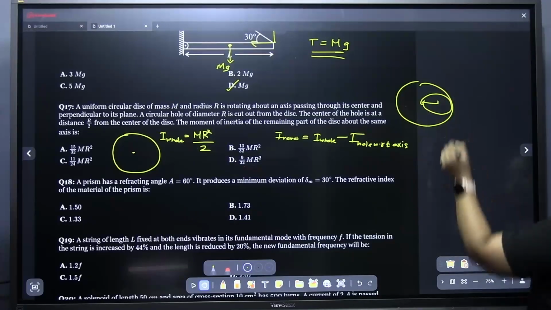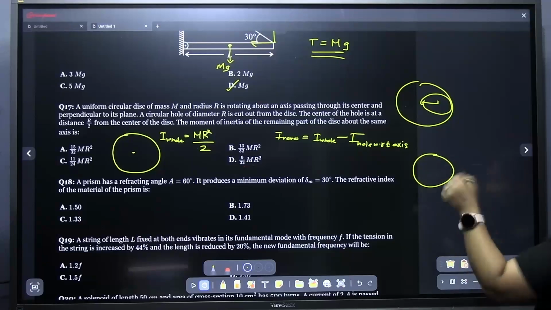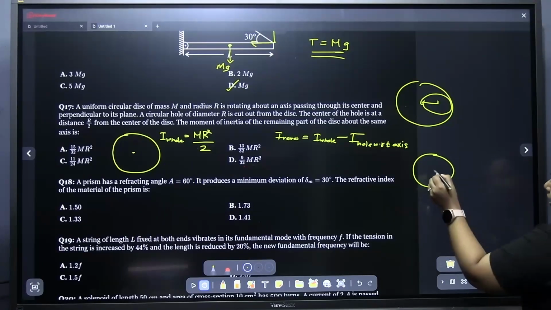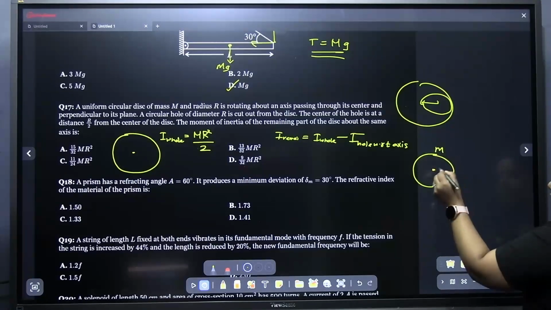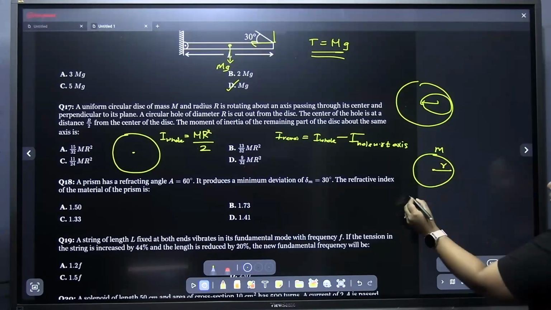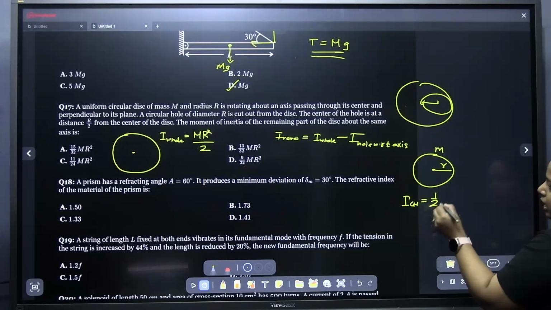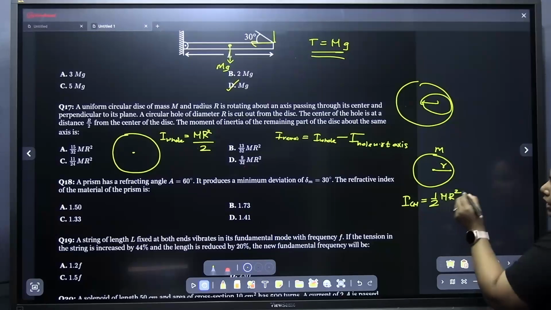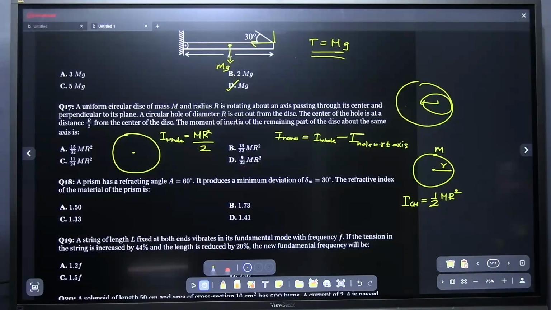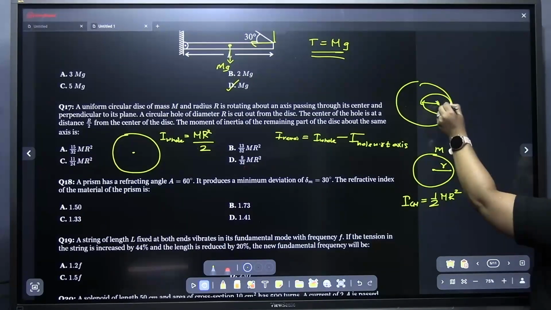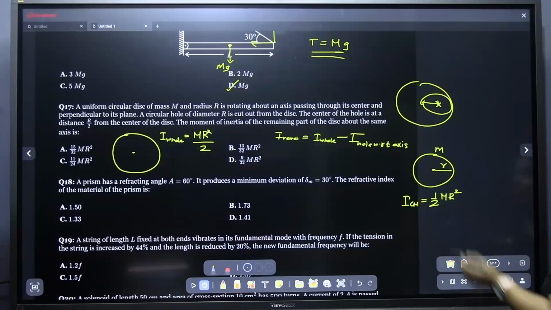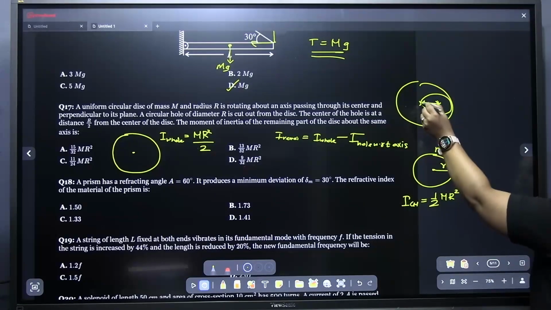If you take just the hole, let's say it has mass m and radius r. Its moment of inertia about its own center of mass is half m r square, like m r square by 2 directly. That is with respect to its own axis, but the actual axis of rotation is here, right?